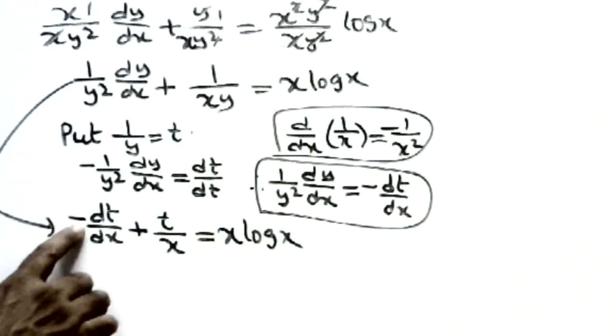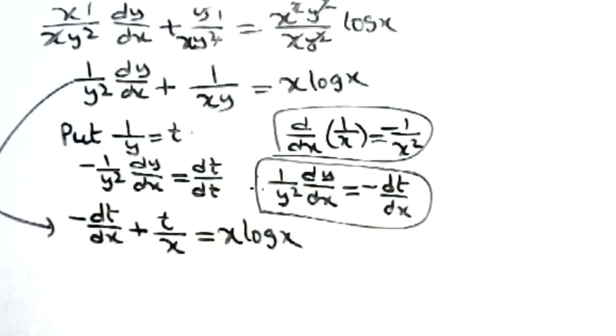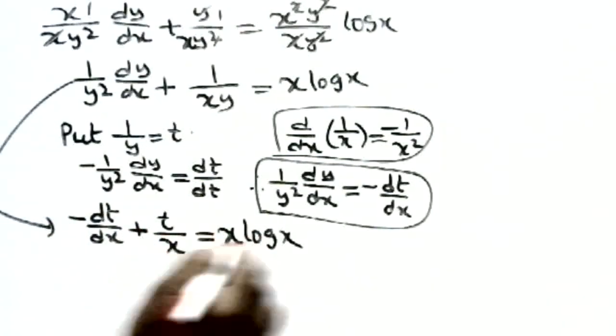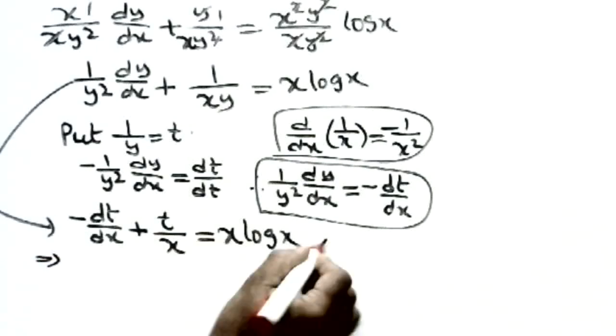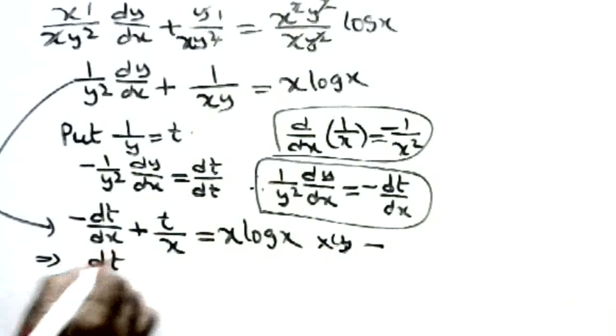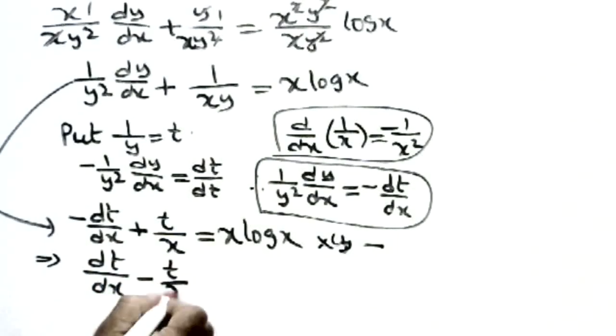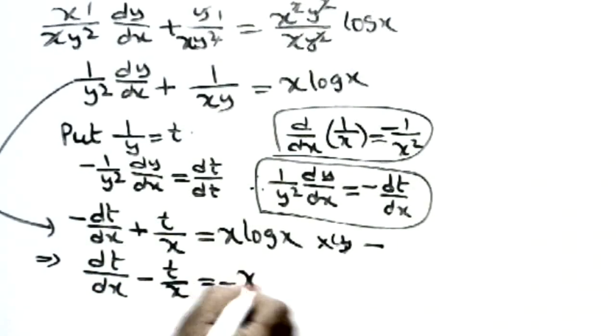Now in this Bernoulli's equation, let us take out minus from here. To take out minus, multiply each term by minus. So this will become plus dt by dx minus t by x equals to minus x log x.